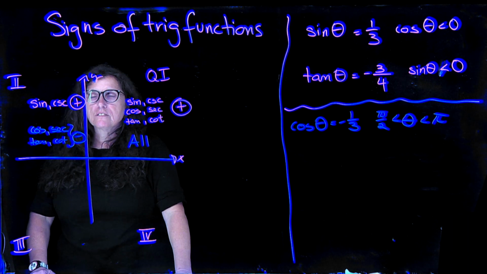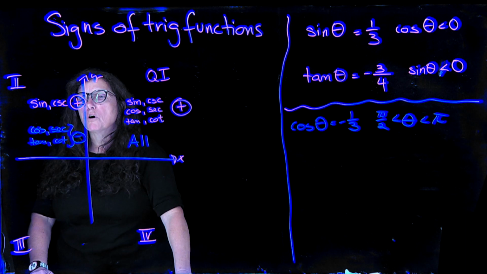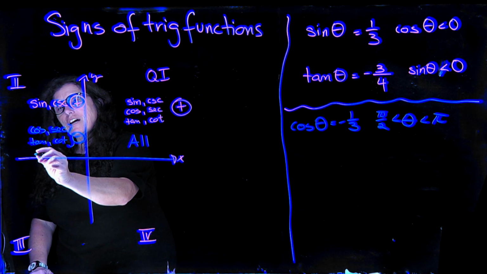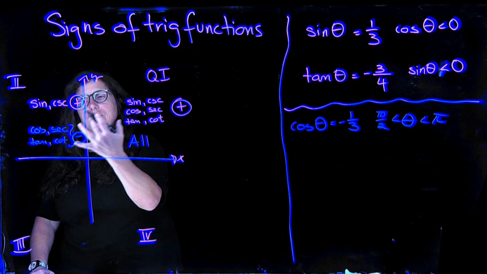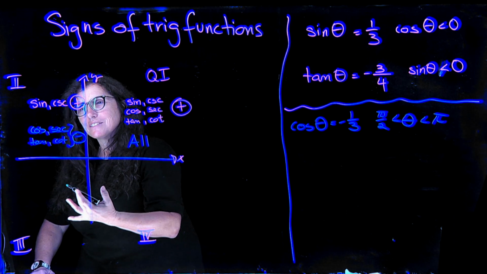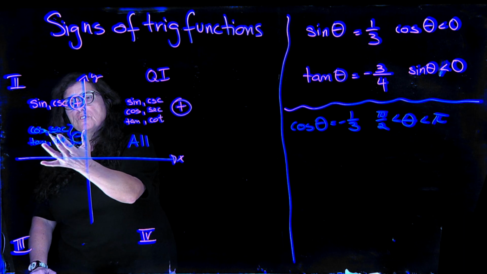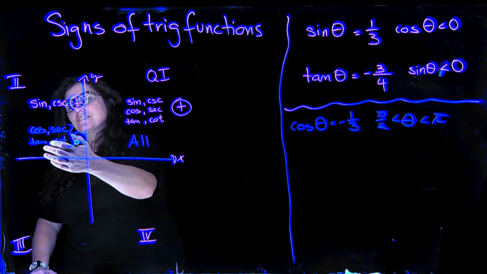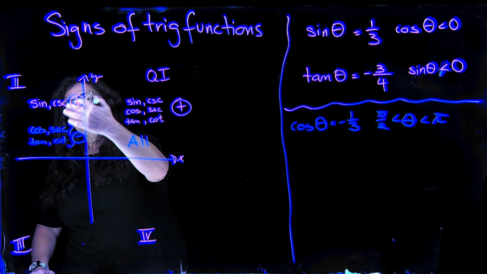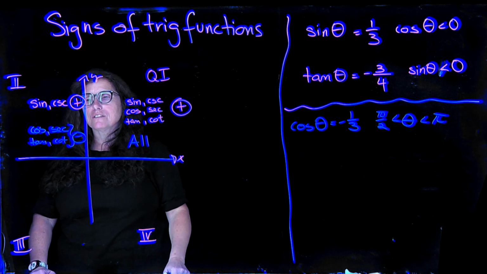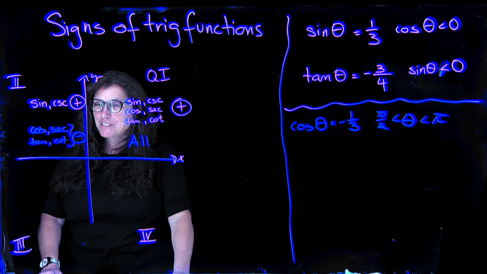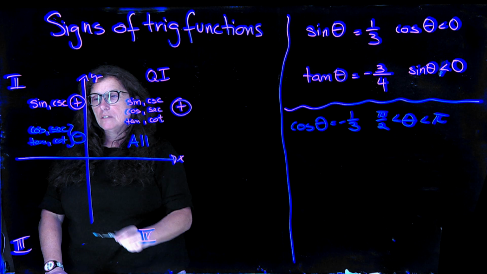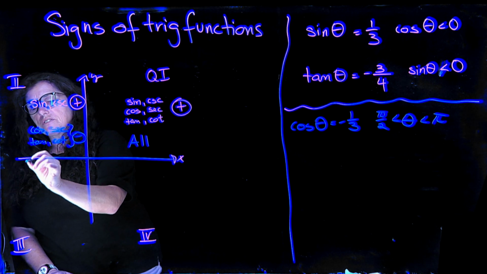They are negative in quadrant 2, and that makes sense because we have a negative x here, and if you remember, the cosine is the x coordinate of an ordered pair, so the cosine would be negative. And since the tangent is sine over cosine, if you have a negative here, the tangent has to be negative as well.